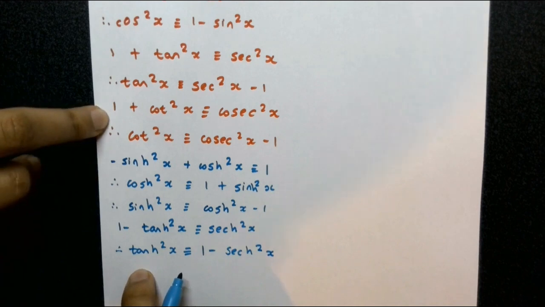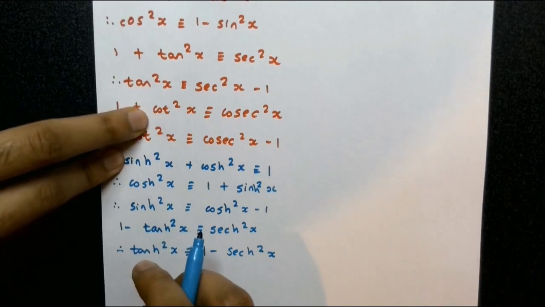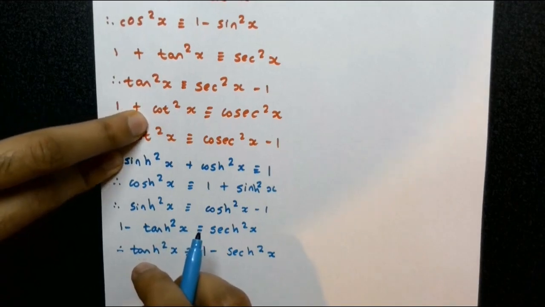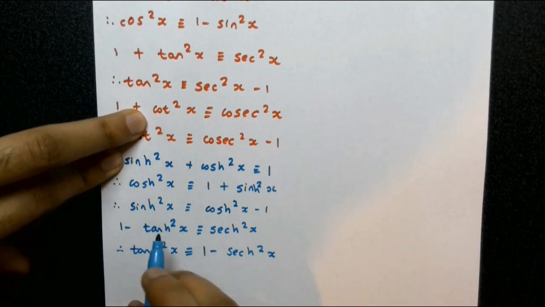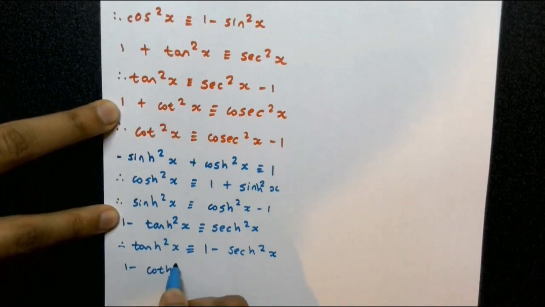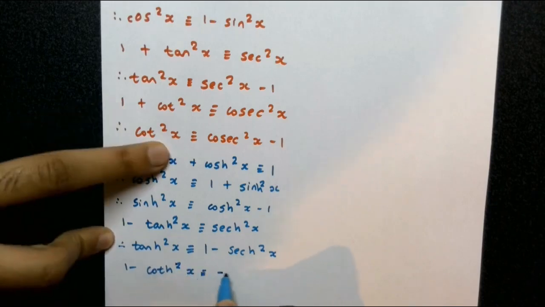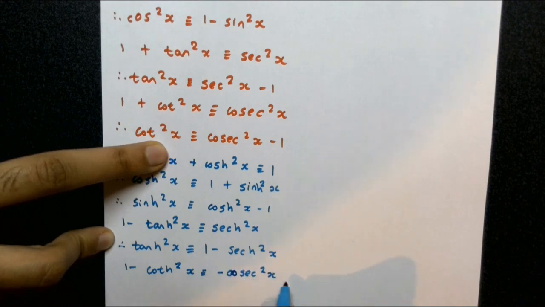And if we think about this identity over here, the 1 plus cot squared being equivalent to cosec squared x, again using Osborne's rule, where we've got the cot squared, the corresponding hyperbolic will be minus hyperbolic cot squared. So we've got 1 minus hyperbolic cot squared being equivalent to minus hyperbolic cosec squared x.